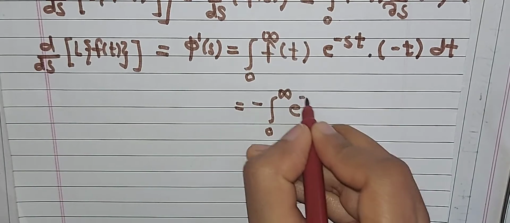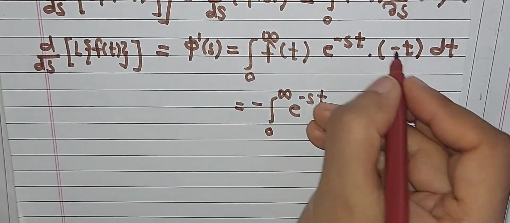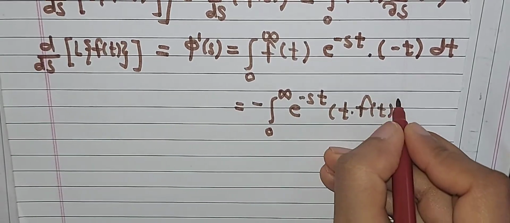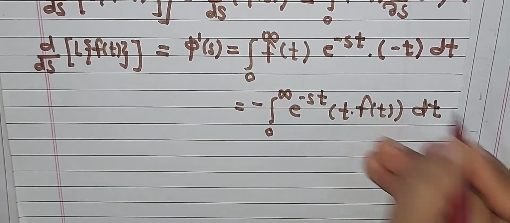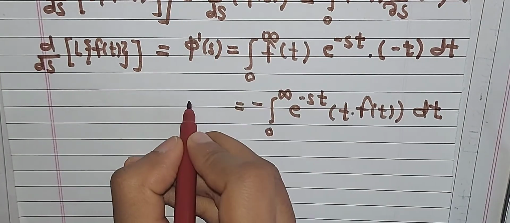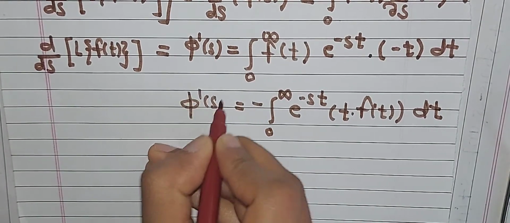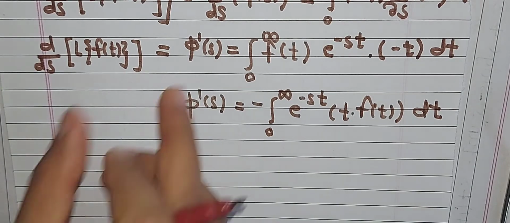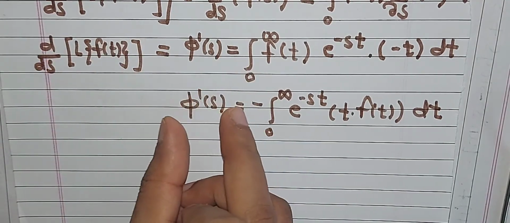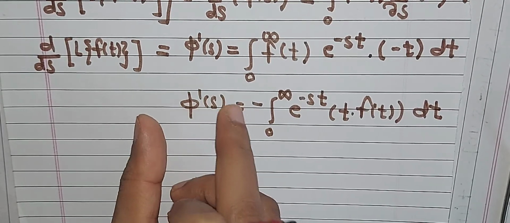The first term is e raised to minus st, our second term will be t into f of t into dt. So this is my second term, and this term is equal to phi dash of s, and this is equal to this, so we can consider this phi dash of s as it is.